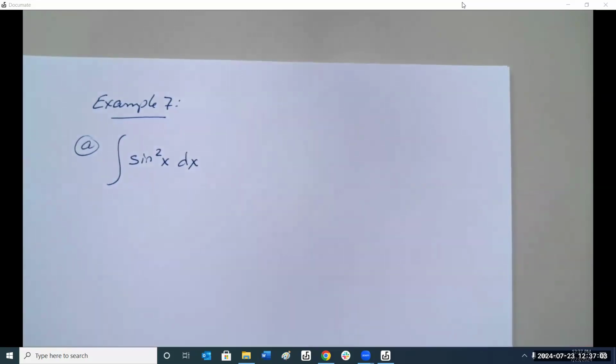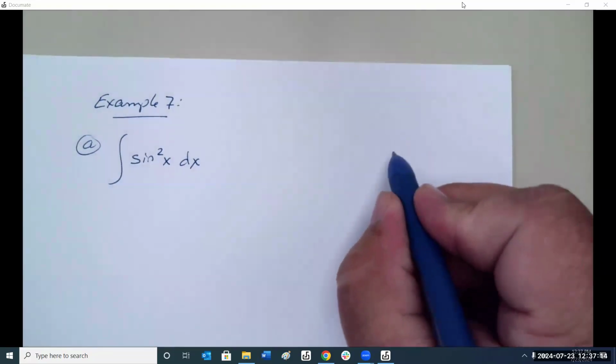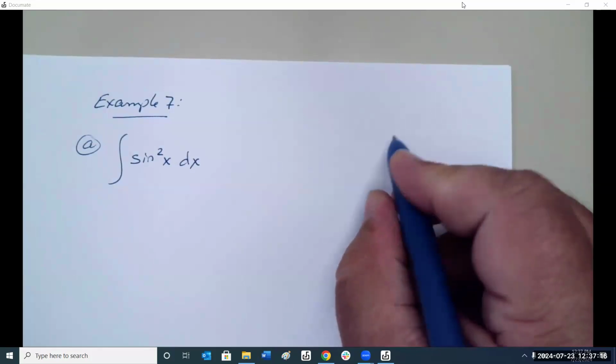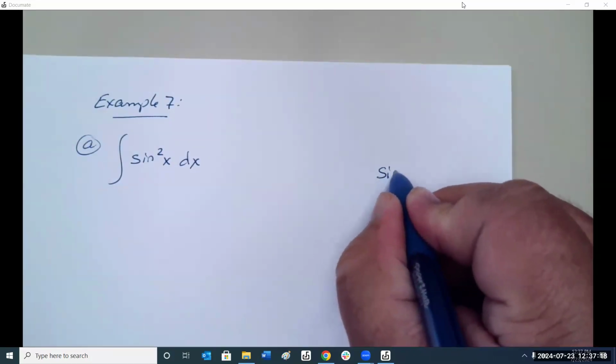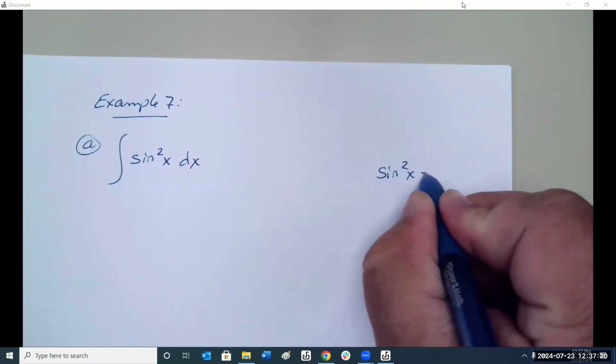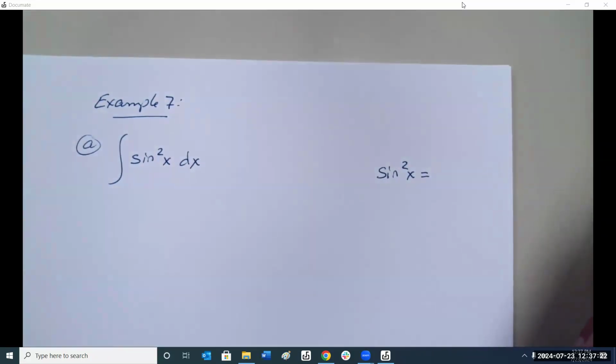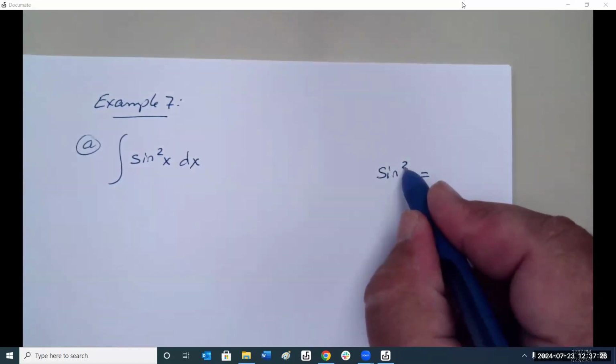Sometimes we can use trig identities to transform integrals we do not know how to evaluate into ones we know how to evaluate. So in your sheet, what's another formula for sine squared x, where we don't have an exponent?